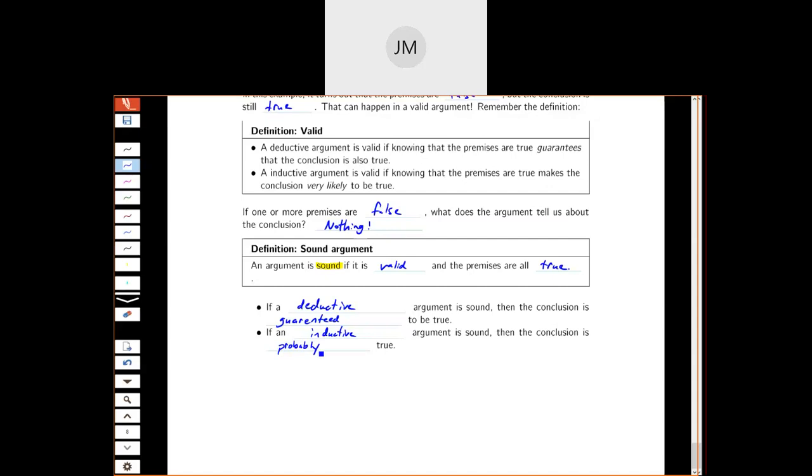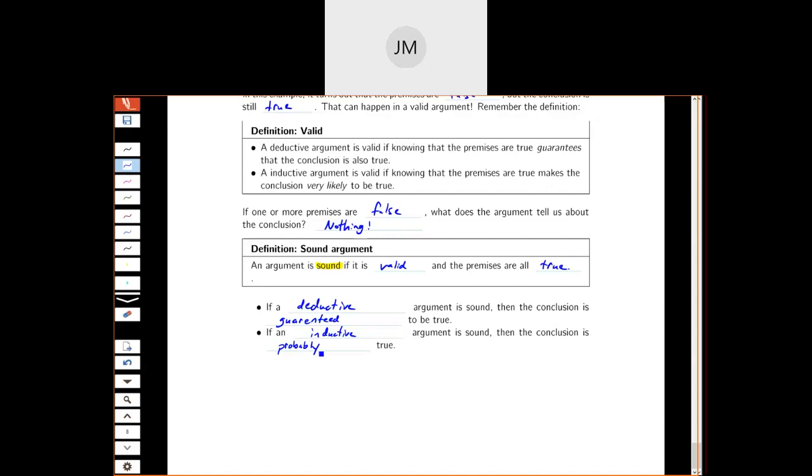So a sound argument. It's very easy to get confused between valid and sound. We like to think of a valid argument as always telling us something true, but that's what a sound argument does. A valid argument is really just talking about the structure of the argument.